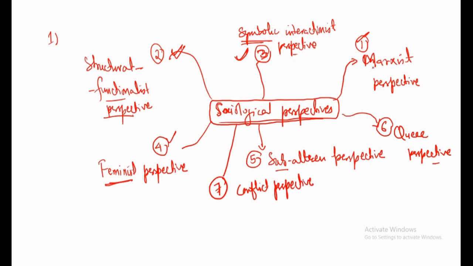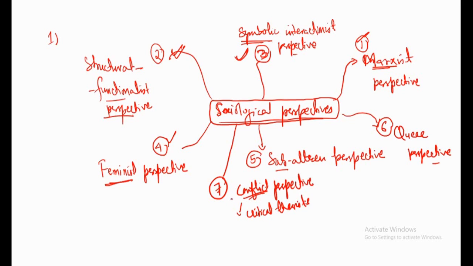This Marxist perspective is actually a part of the conflict perspective, and the feminist perspective is also a part of the conflict perspective. In the conflict perspective, I will mention critical theorists. See, the conflict can be class conflict. If it's class conflict, then it becomes the Marxist perspective.